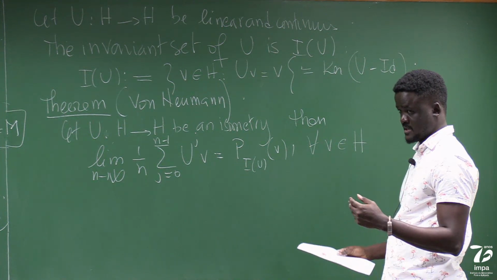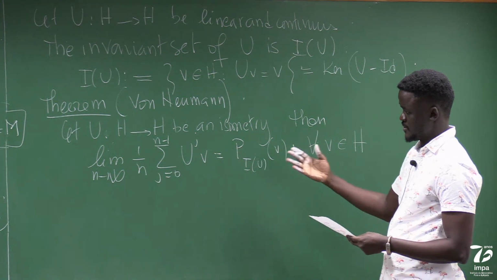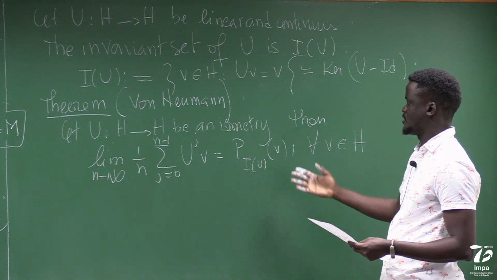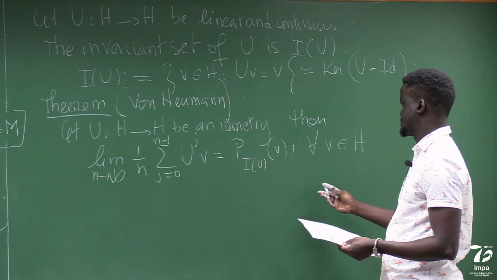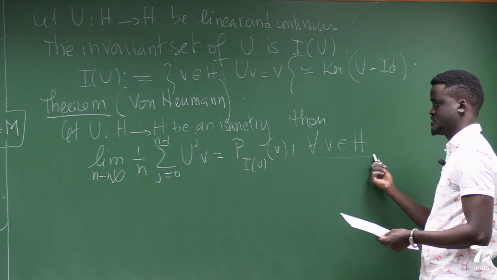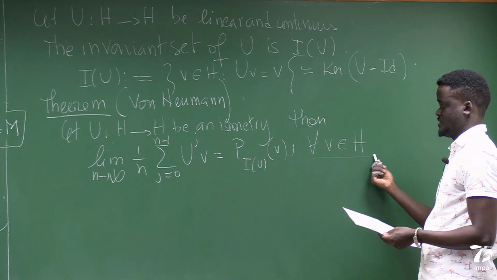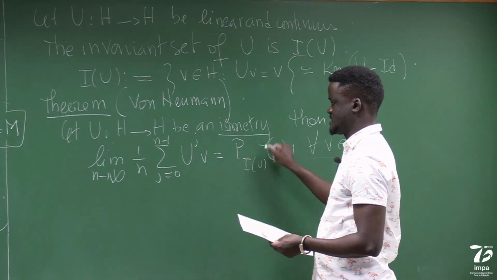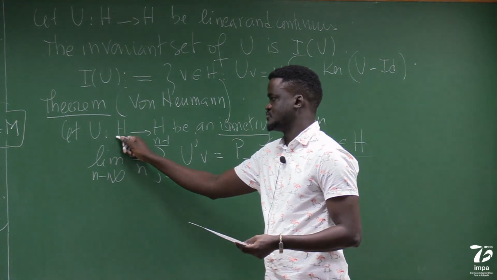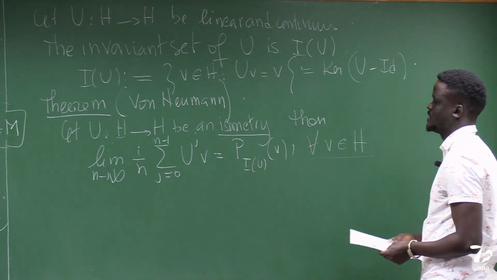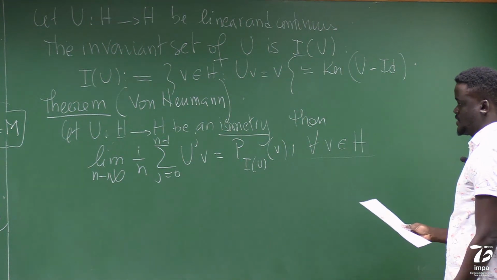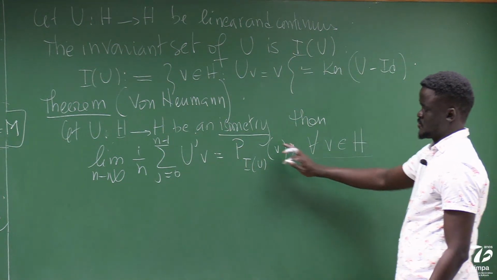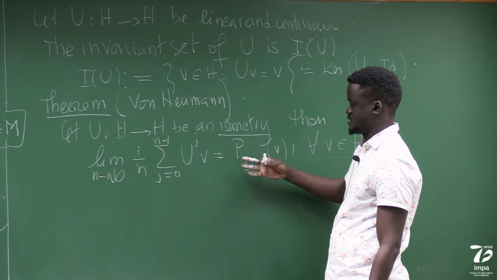As I said last week, the conclusion of this theorem is strong because you have strong assumptions. The fact that you have this convergence for every v in H is something very strong, because you have an isometry and also a structure on your space, being a Hilbert space. And this quantity also, we can think of it as a space average.